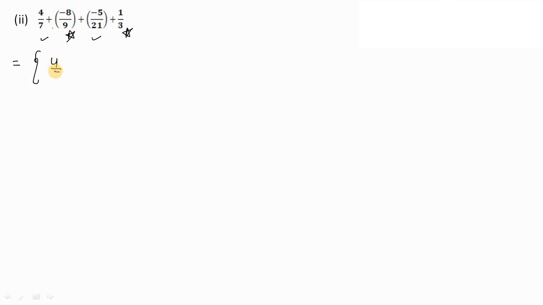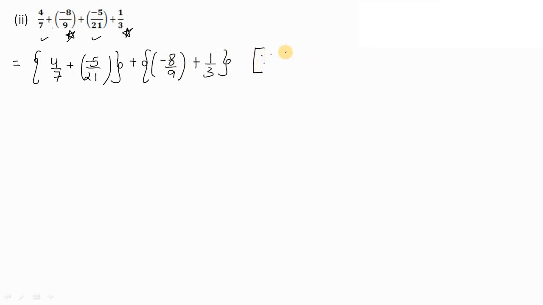That means 4 by 7 plus minus 5 by 21. So minus 5 by 21 will be in one bracket, plus again the curly bracket, minus 8 by 9 plus 1 by 3, bracket close. So we need to write down using commutative and associative property.